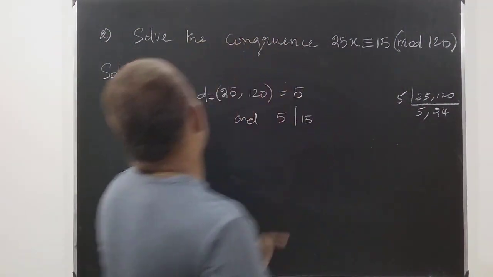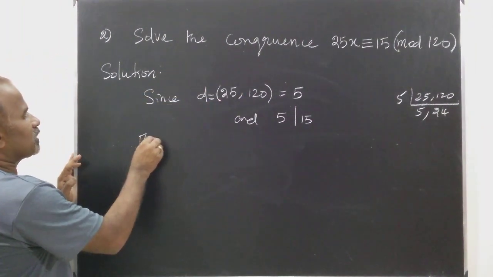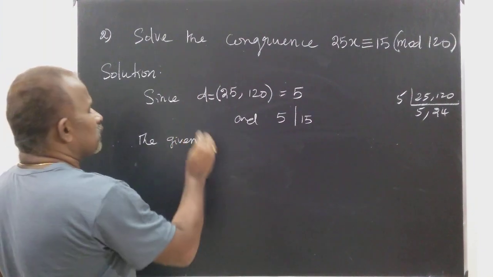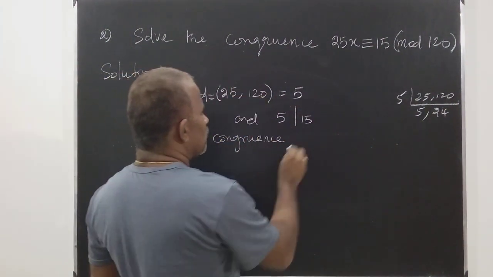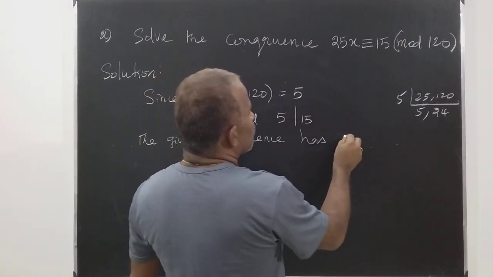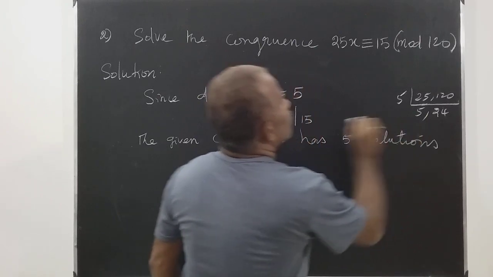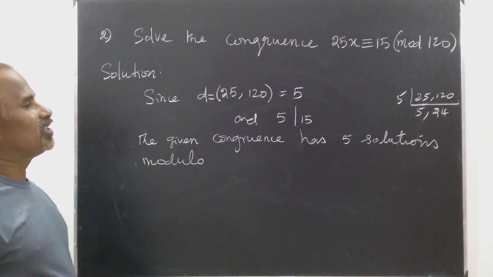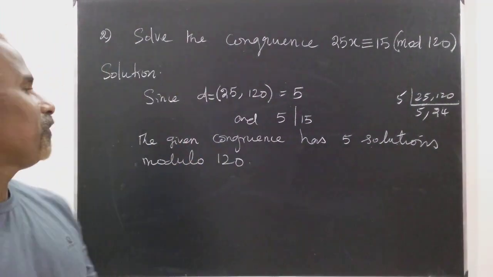Therefore d divides 15, and the given congruence has 5 solutions modulo 120.